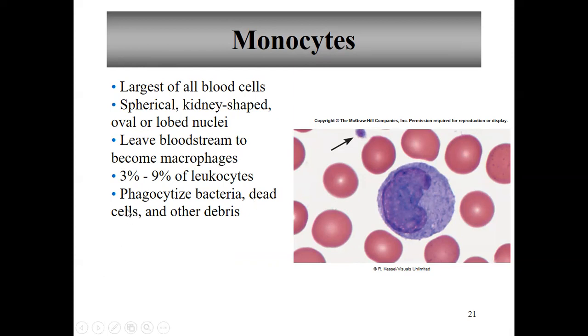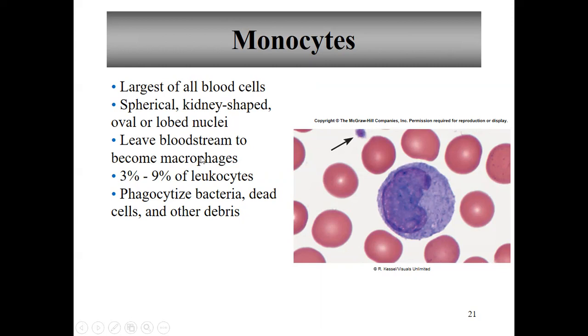It could be your regular body cells that are just past their prime and have died, or some other debris, like if you get stuck with a splinter. The splinter is going to leave other kinds of debris in there, little wood pieces or whatever else is on there.